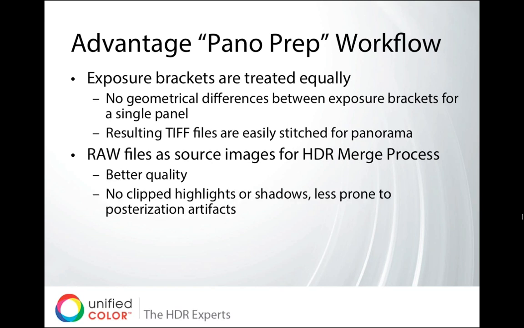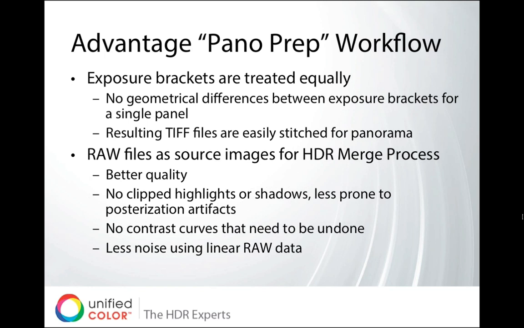So you have better quality, you don't have the clipped highlights or shadows, and that means that you're also less prone to posterization artifacts when you do your tone mapping. And you don't have the contrast curve built into the raw data. It's linear raw data, so you don't have that extra step that needs to be undone that also can produce posterization artifacts. And you have less noise using the raw linear data.